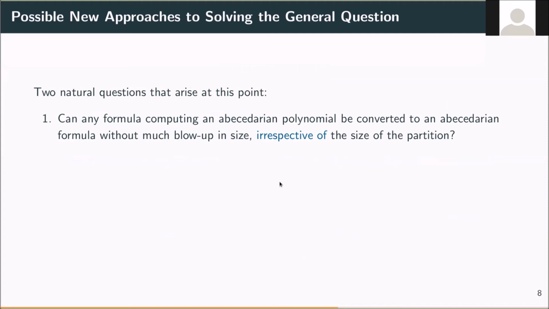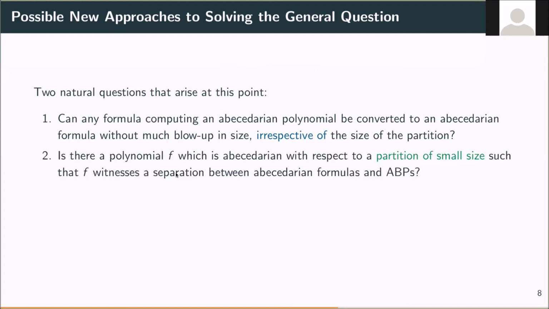And second, is there a polynomial that is abecedarian with respect to a partition of small size that witnesses this separation? This is also enough. If the answer to this is yes, then also we would have separated VF and VBP. Why? Because we know that formulas can be abecedarianized if the partition size is small.